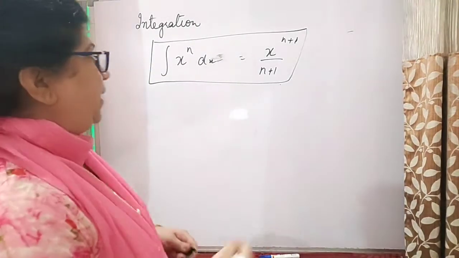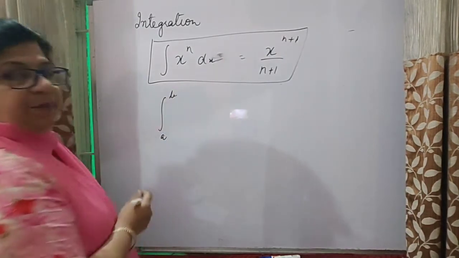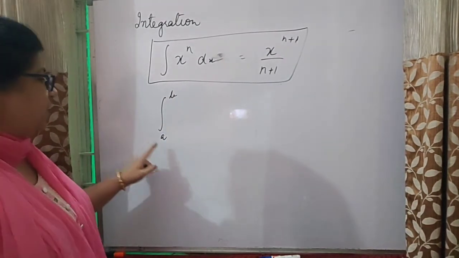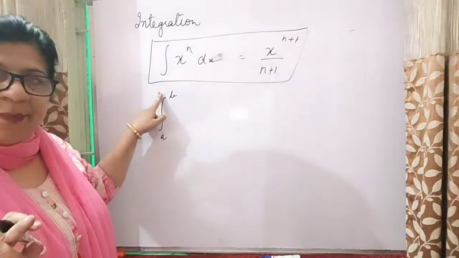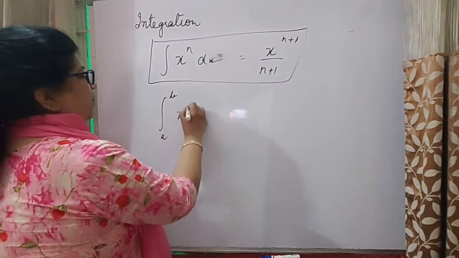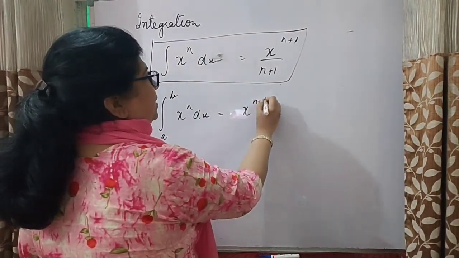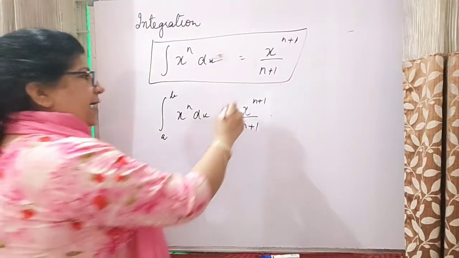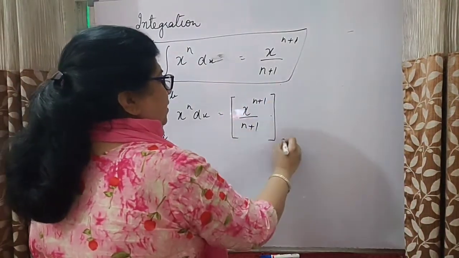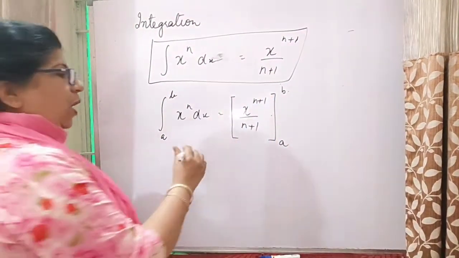Now, one very important thing is, this was the general formula, a simple one. We'll be doing it in the form, suppose we are having any values a and b. I hope you can see it, right? This is known as the lower limit. This is the upper limit. So अगर हमारी कोई value है like this, we solve it x to the power n plus 1 upon n plus 1, and we put it in a bracket, the lower limit and the upper limit. Now, how will it be solved?